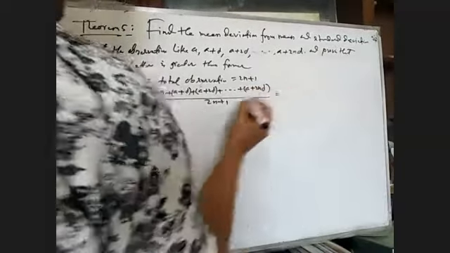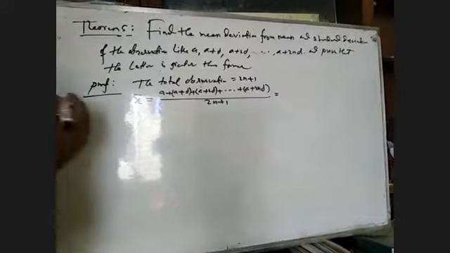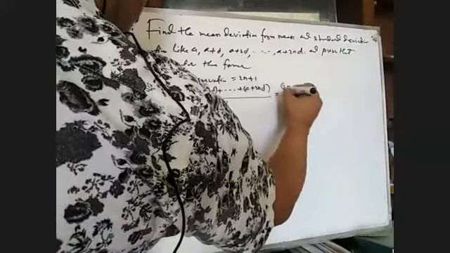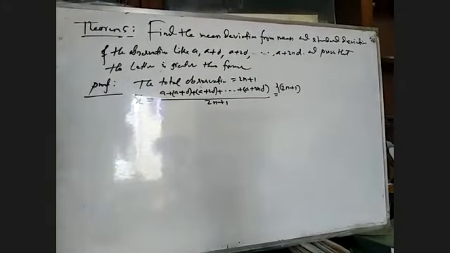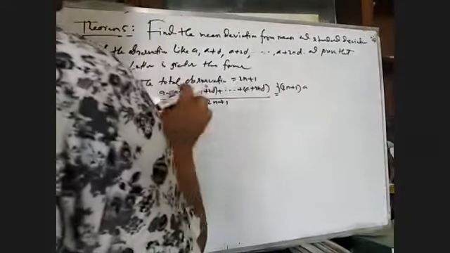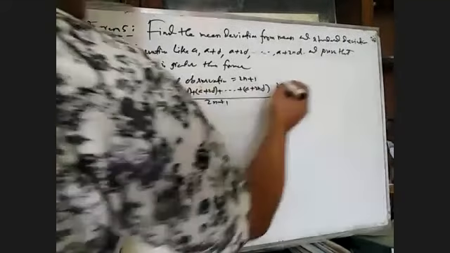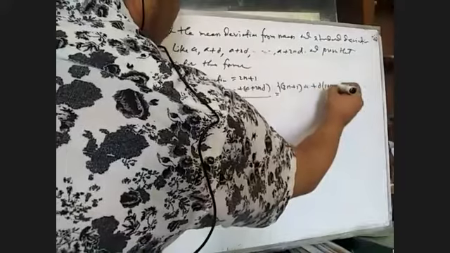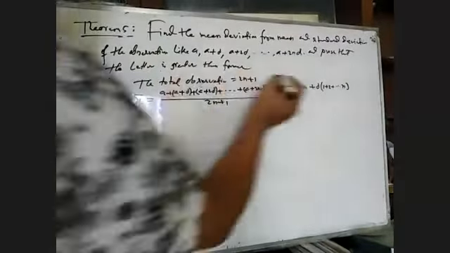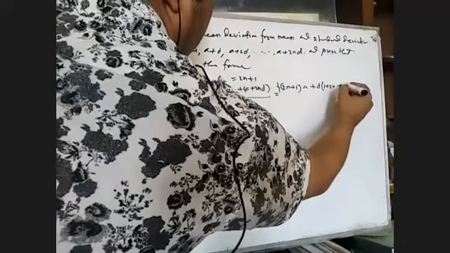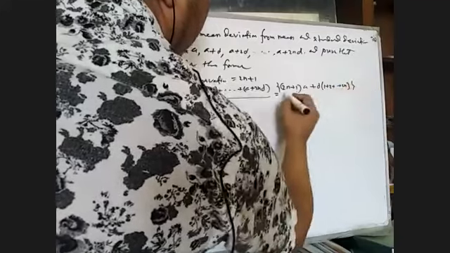Then this can be written as 2n plus 1 into a, how many a here? 2n plus 1 into a, and d will be common, 1 plus 2 plus dot dot 2n.